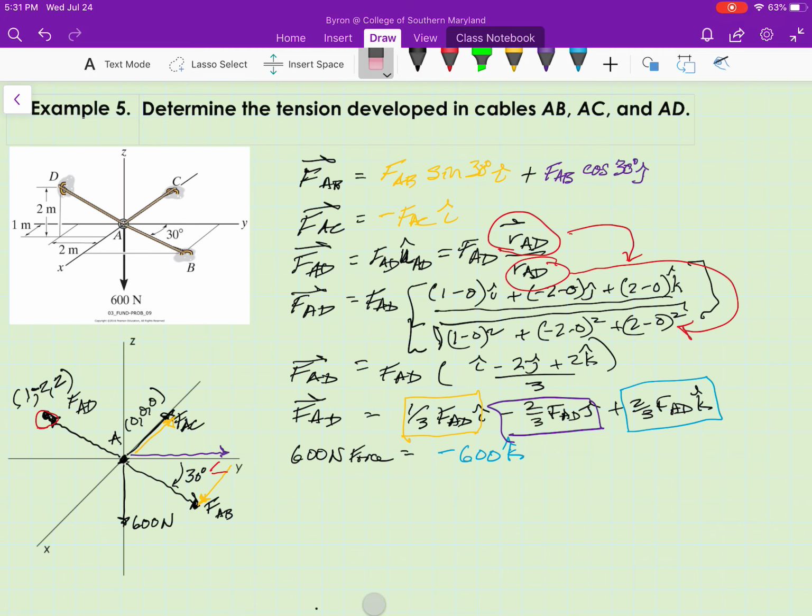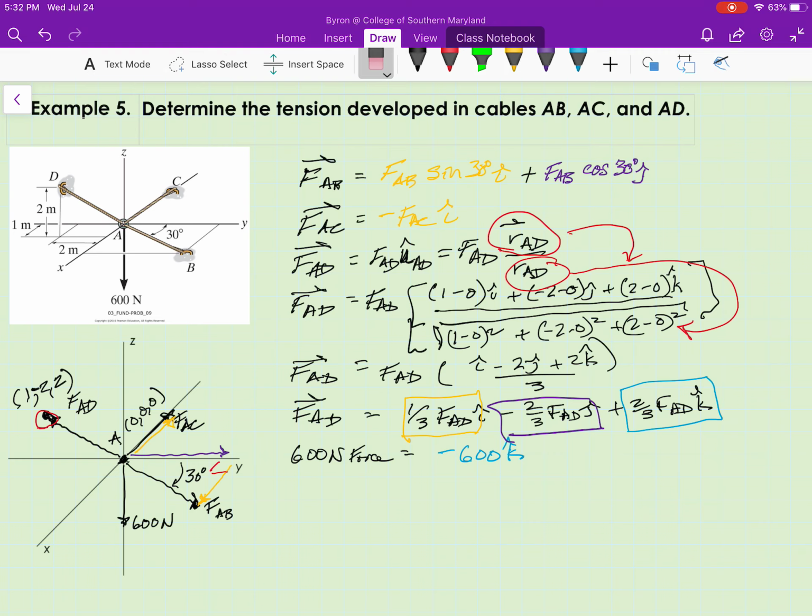I've written the 4 forces, the 4 force vectors that act on the particle A in their Cartesian form. Now I'm going to go through and add together the x components of those forces and set them equal to 0, the y components and set them equal to 0, the z components and set them equal to 0.